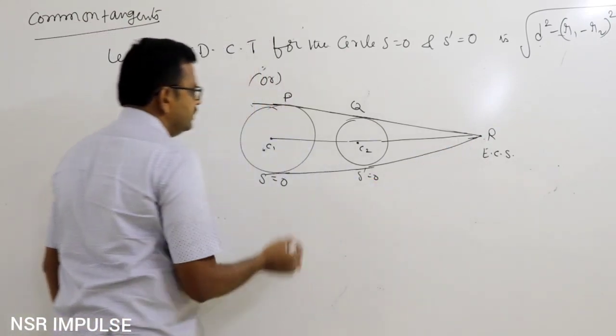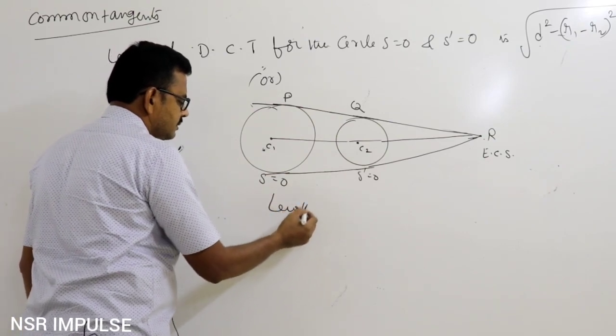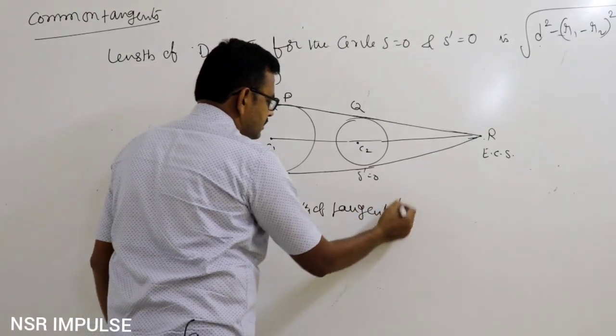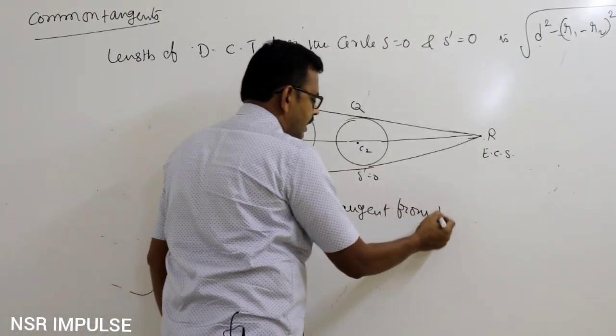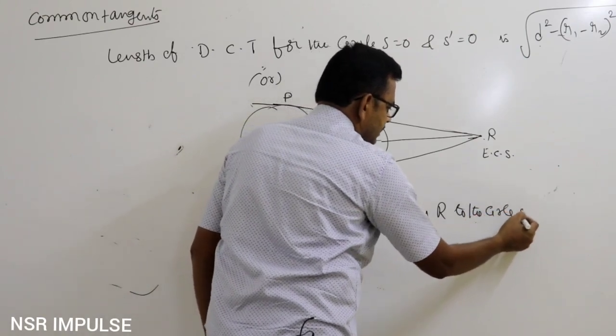After finding the point, what is the length of tangent from R to the circle S equal to 0?